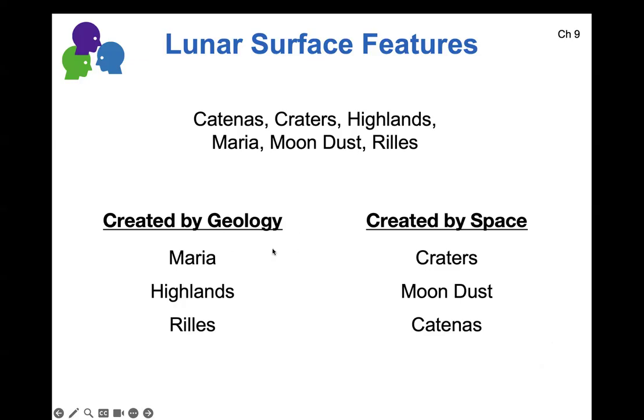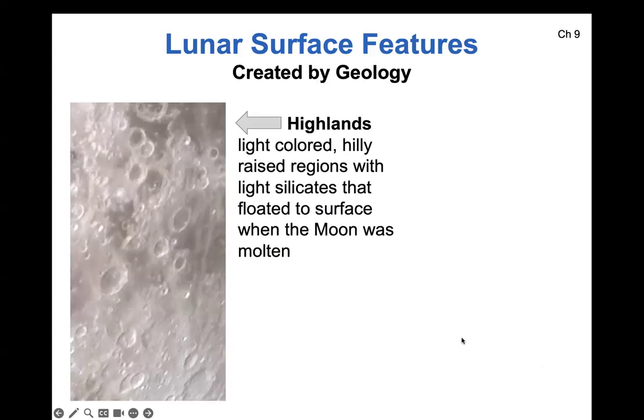So geological phenomena like volcanic eruptions, cooling, right? Things like that include the Maria, the highlands, and the rilles. Surface features that are created by space, right? So interactions with space, incoming objects: craters, moon dust, and catenas.